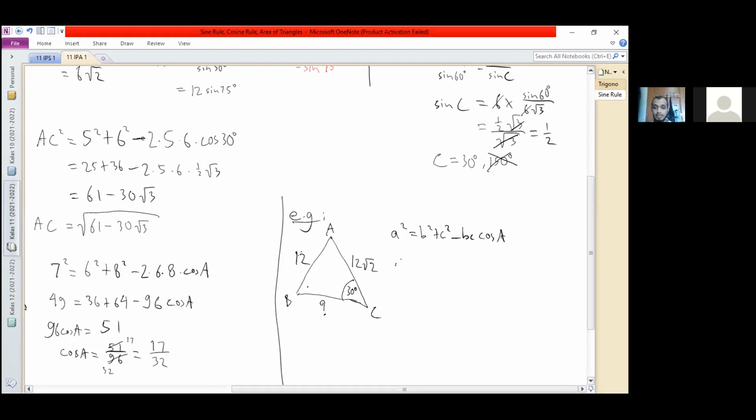So C squared equals A squared plus B squared minus 2AB cos C. Why? Because if we try to use A squared equals B squared plus C squared and so on, you think you will get the result directly.